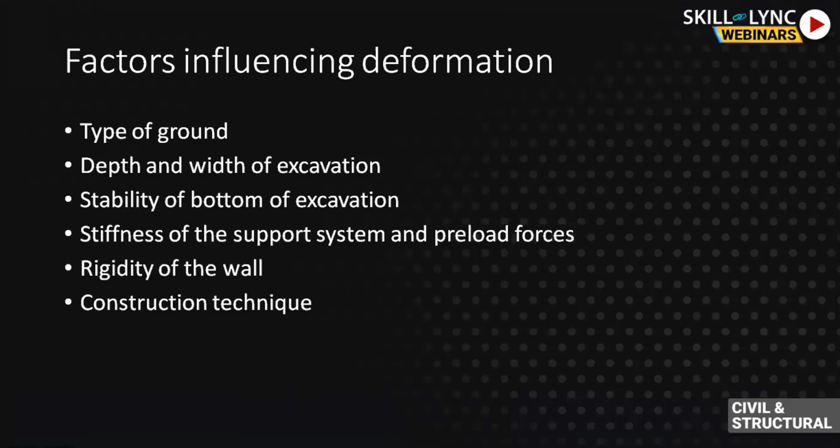Depth and width of the excavation. For certain types of walls, we cannot go much deeper, so we have to go for another type of wall which we are able to bore deep. Normally we are in the range of 20 to 25 meters.